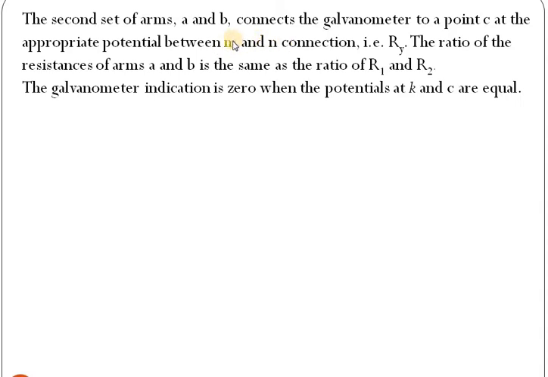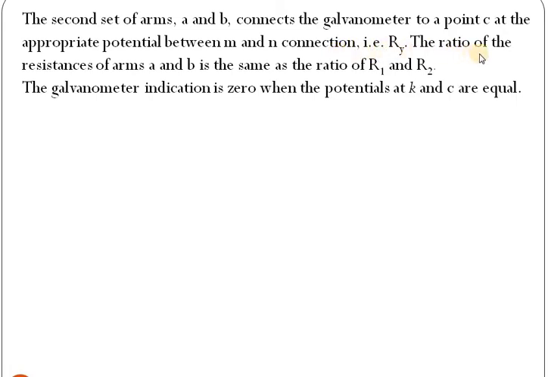Here we consider the points as M and N. From point M to C, we connect the resistor small b, and from point N to C, we connect the resistor small a, and from M to N the resistance is considered as Ry.